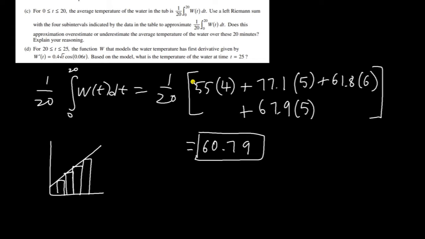And for explanation, you'd say, okay, because W is strictly increasing, the left Riemann sum is an underestimate of the average temperature of the water over the 20 minutes. Okay, this was a 3-point question, 1 point for the left Riemann sum, 1 point for the answer, and 1 point for stating that it's an underestimate with a proper explanation.